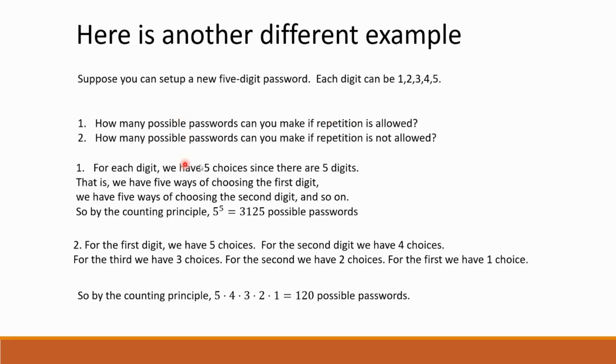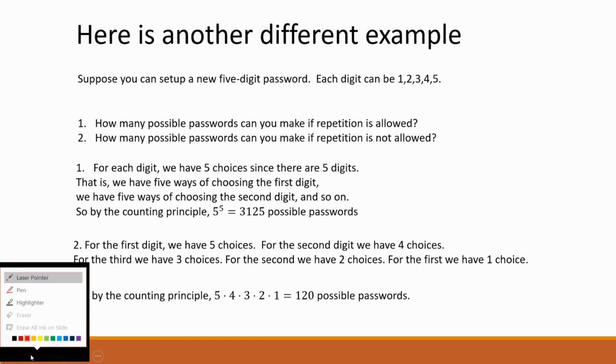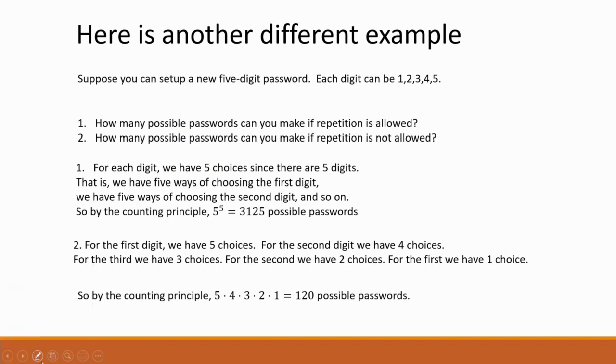Well, notice that it's a 5-digit password. Let me draw. So let's say you have 5 digits, and for each digit, since we're allowing repetition, we have 5 choices, because we can use any of the digits.